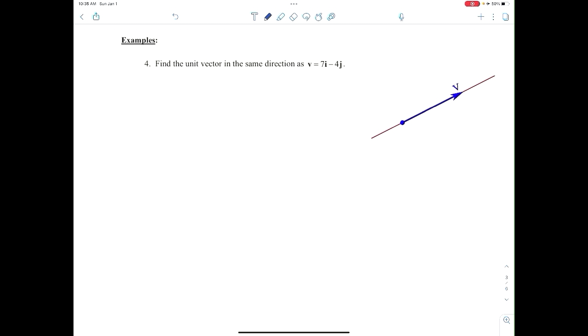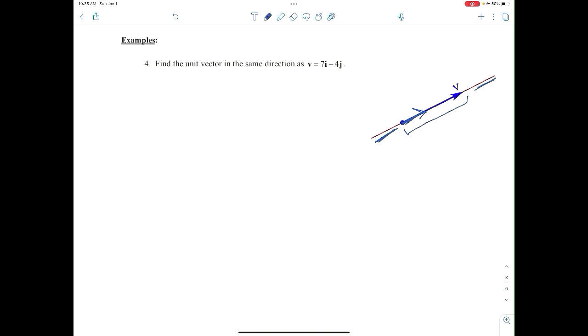Next, we'll talk about unit vectors. So the vectors are just one segment on this continuous line here. When we talk about a unit vector, we're not looking at the length of the whole vector. We want to know, if I'm looking at the same direction, what would my unit vector be if I only wanted one unit in that direction?